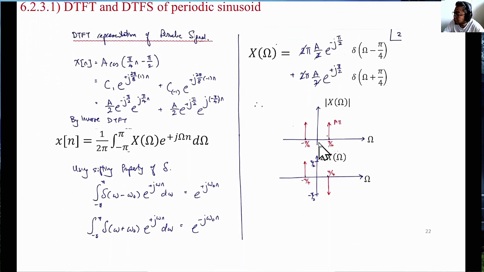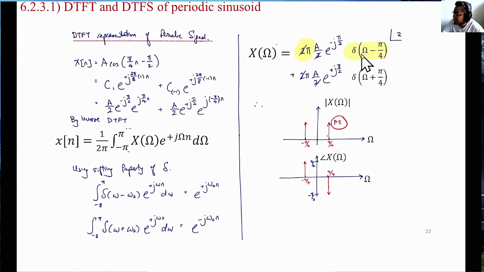And how do we change? The previous slide has told us that we must multiply the c_k by 2 pi and we must introduce the delta function. So 2 pi times A over 2 becomes A times pi. So the amplitude now is A times pi.